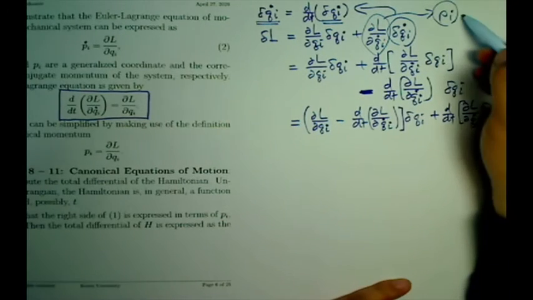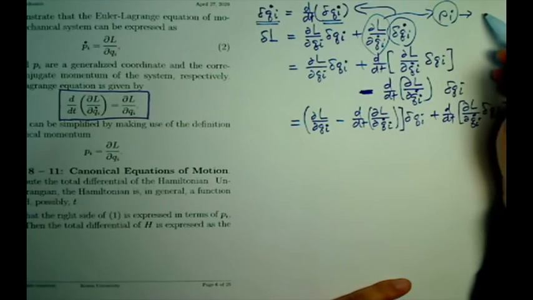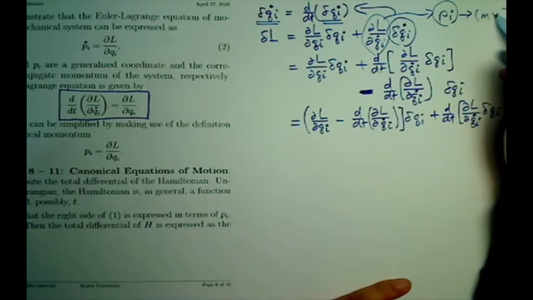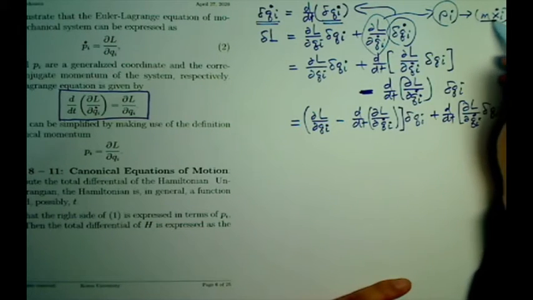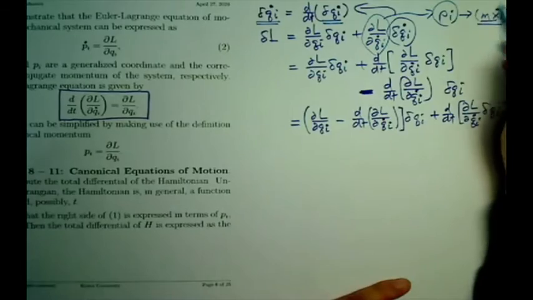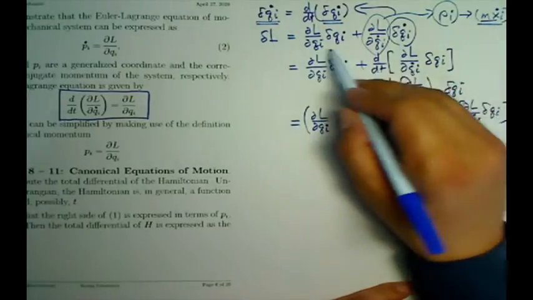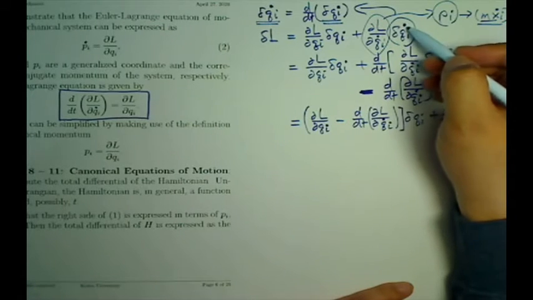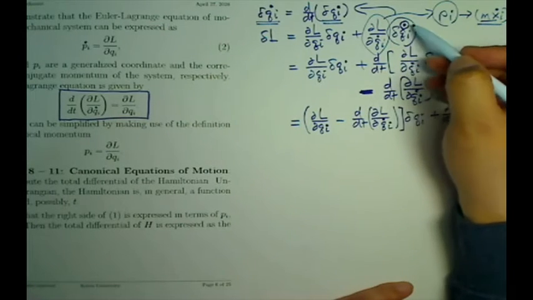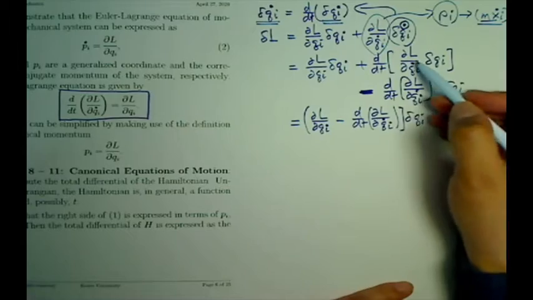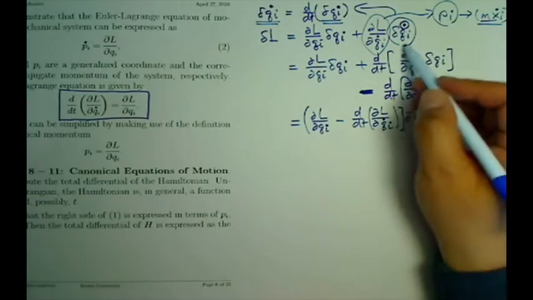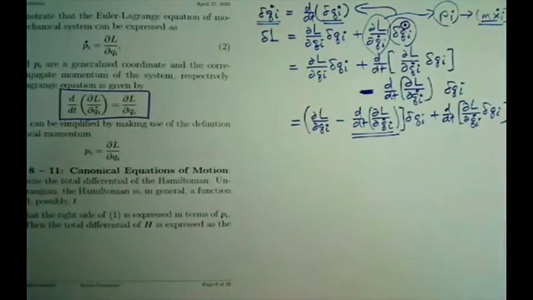Momentum pi, and momentum pi in case the Cartesian coordinate is m xi dot, something like that, right? We have the first order time derivative. There is no second order time derivative. However, when we move this guy outside, it produces the second order time derivative.